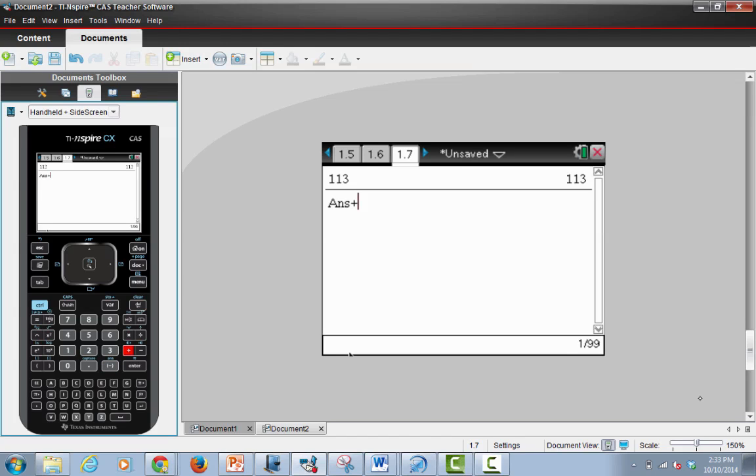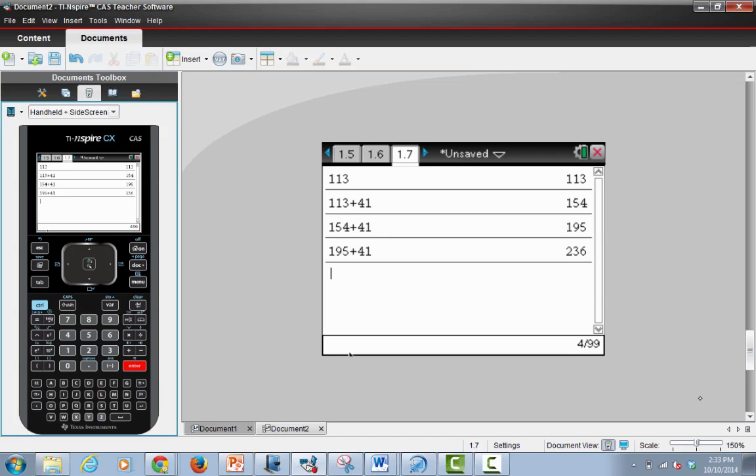And what was the number I was supposed to add to each one? 41. And then I'll hit return. Guess what I do every time I hit return now? Dun, dun, dun. There it is. So I can check it really fast. Pretty easy, huh? So your Nspires are actually set up to think recursively if you type it in that way. Okay? Sweet.